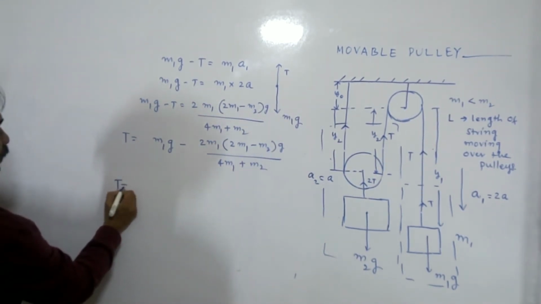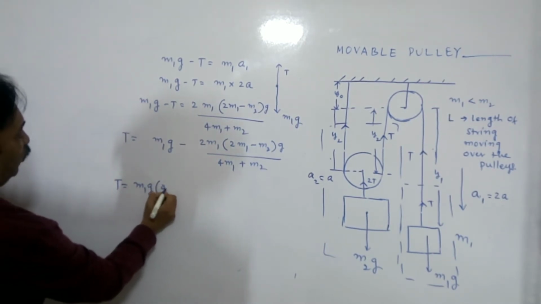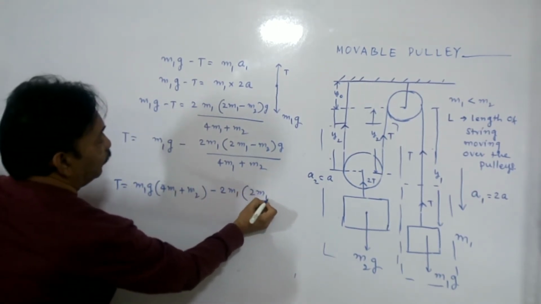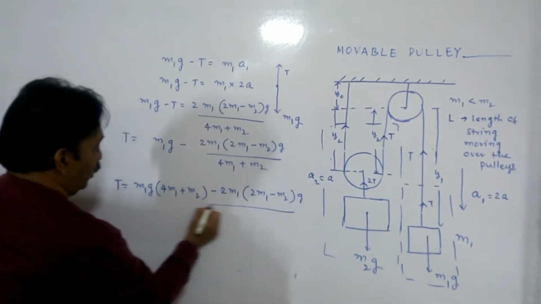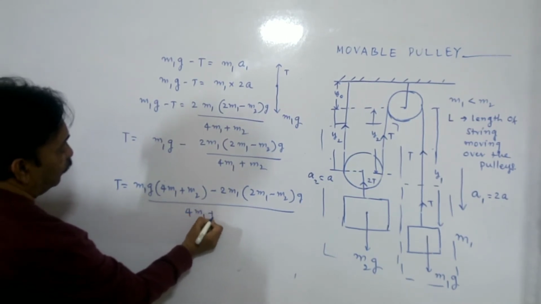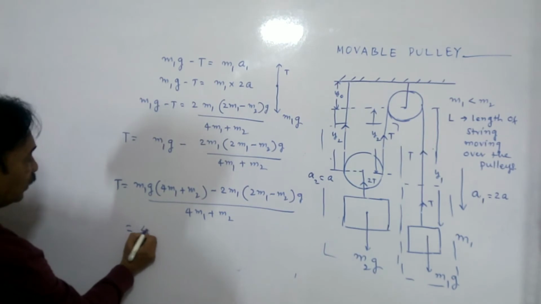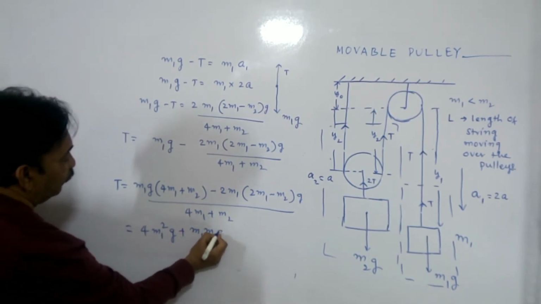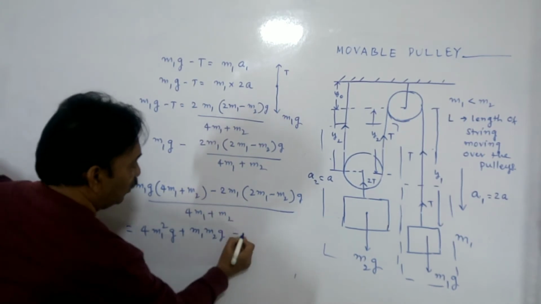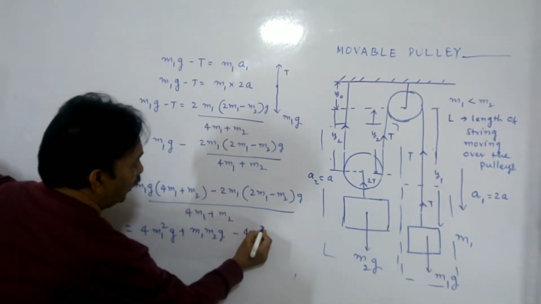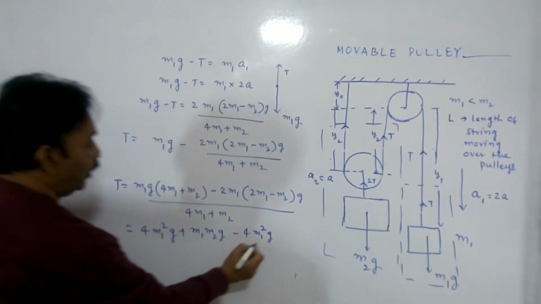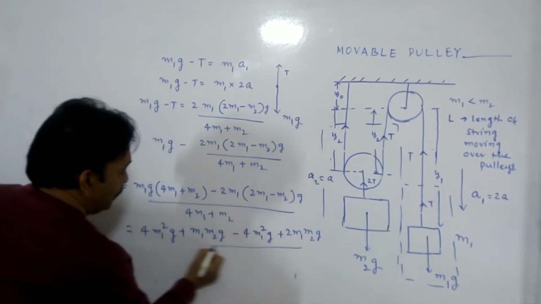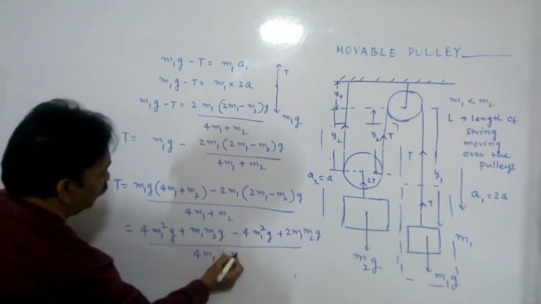Further, it can be written as T is equal to m1g of 4m1 plus m2 minus 2m1 into 2m1 minus m2 of g whole divided by 4m1 plus m2, and it is 4m1 square g plus m1m2g minus 4m1 square g, here we multiply this, plus 2m1m2 into g, by 4m1 plus m2.